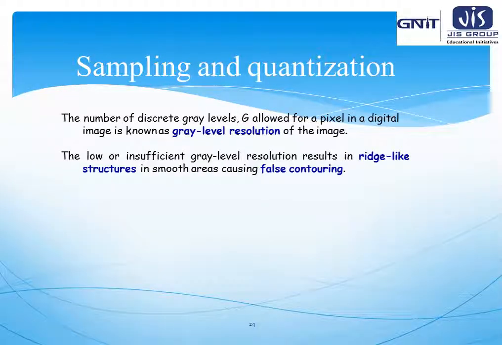The next is the number of discrete gray levels G allowed for a pixel in a digital image, known as the gray level resolution of that particular image, and the lower or insufficient gray level resolution results in ridge like structures in smooth areas causing false contouring.